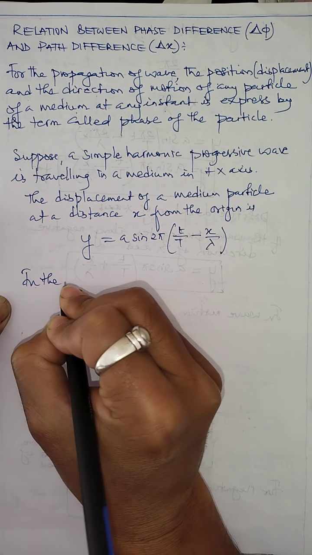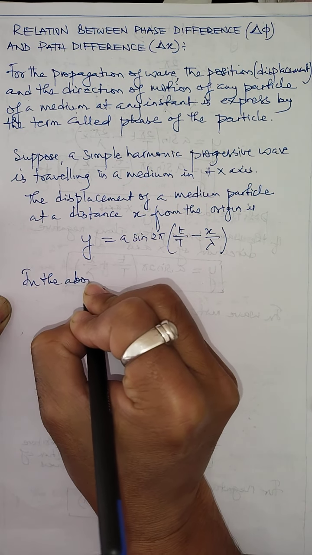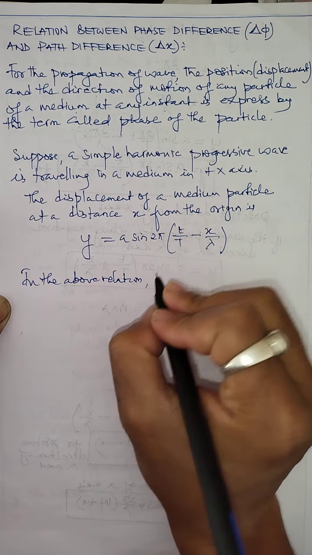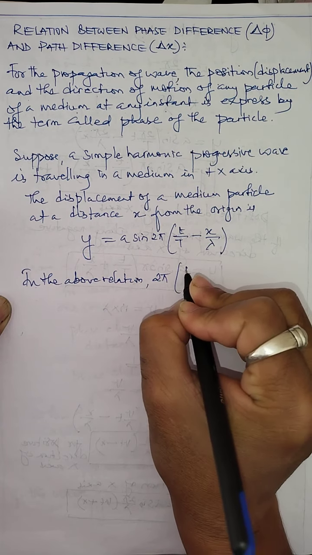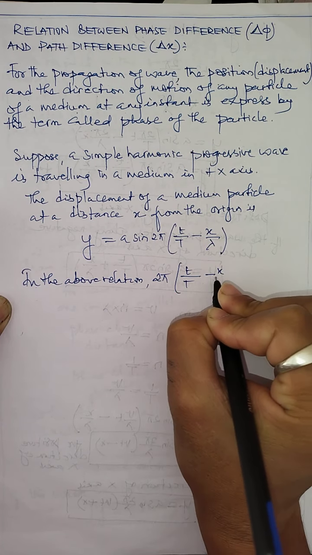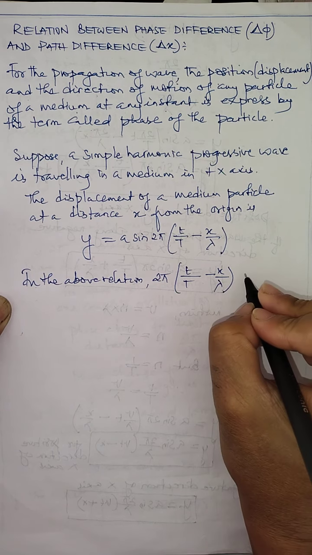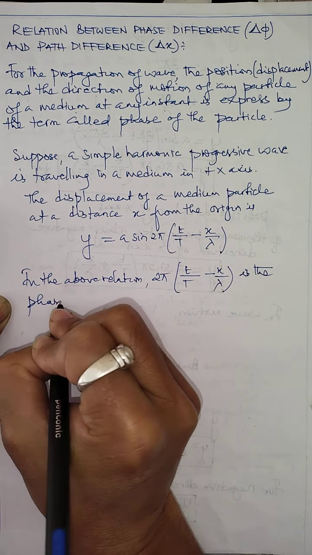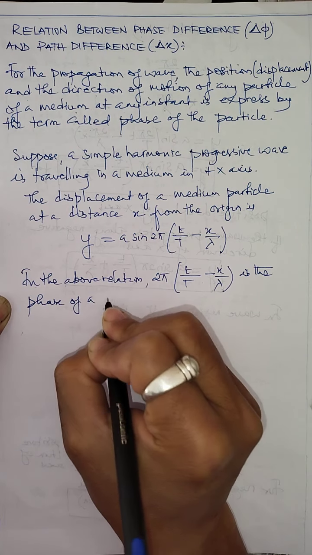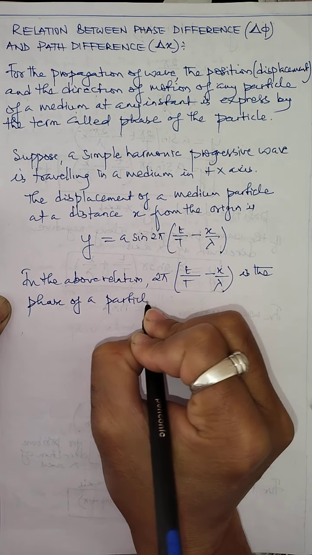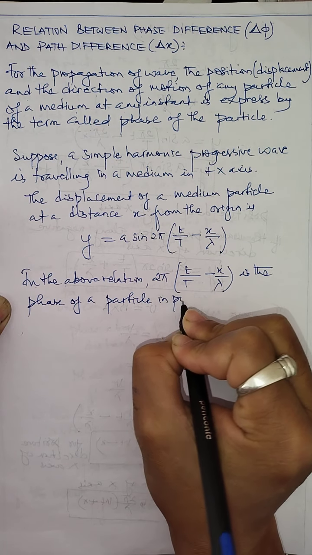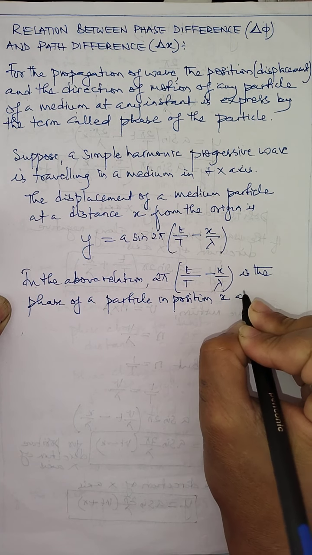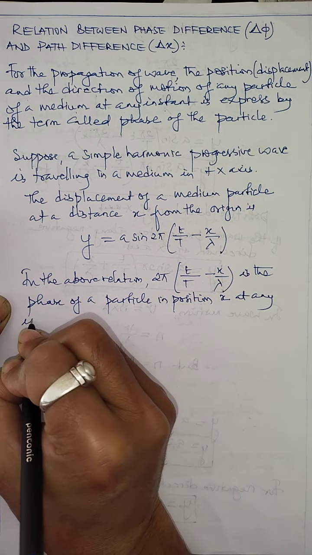In the above relation, this particular factor, 2 pi bracket t by capital T minus x by lambda, is actually the phase of a particle at position x at any instant of time.